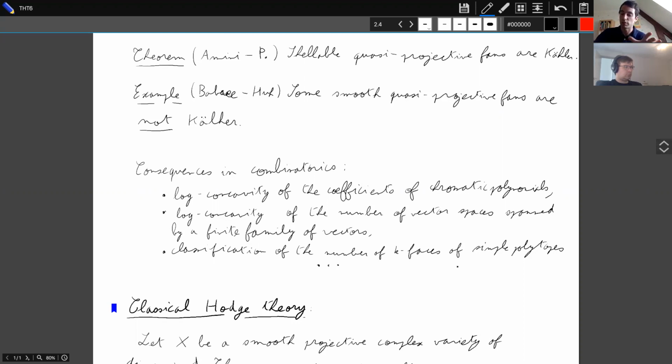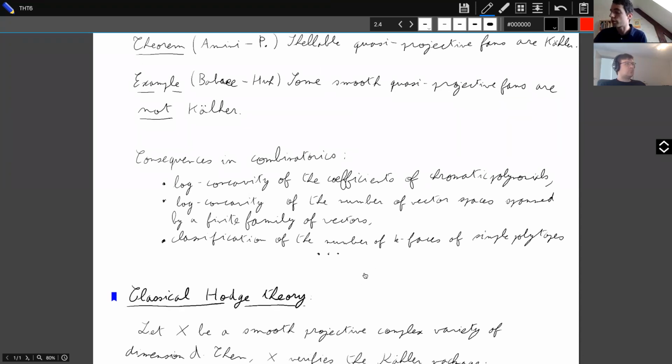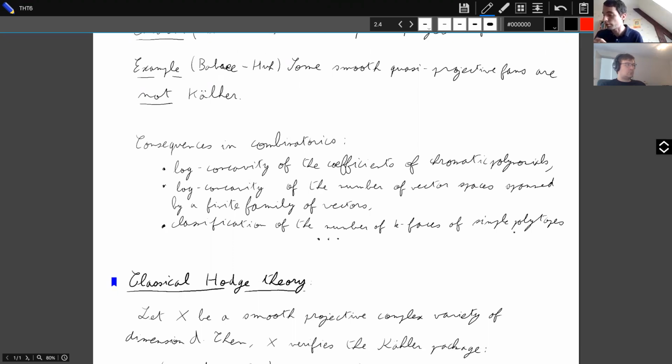So you take a polytope whose faces are simplicial polytopes. Every face is a simplex, and you wonder how many 0-faces and 1-faces and 2-faces, etc. it can have. And so the answer is more or less described by the Chow ring of the corresponding fan, and so you can classify entirely these numbers thanks to Hodge theory.